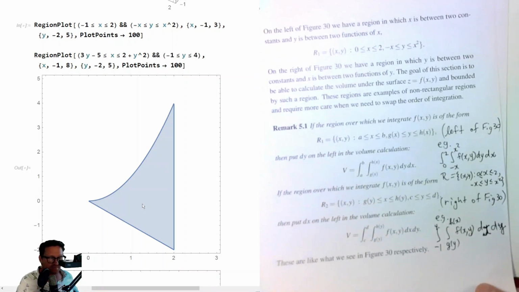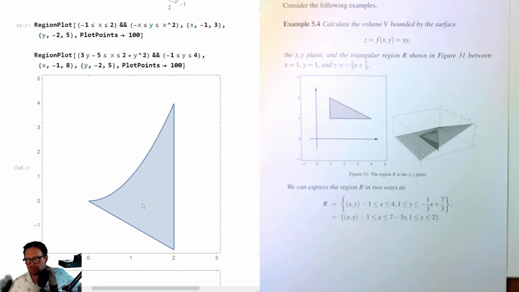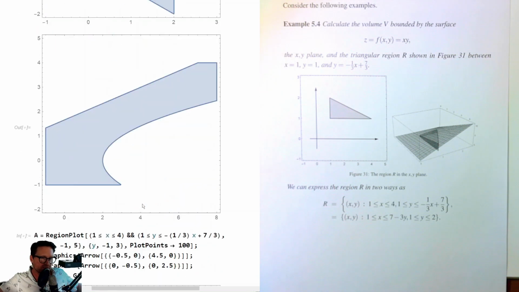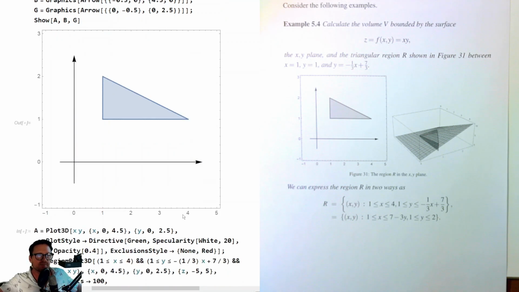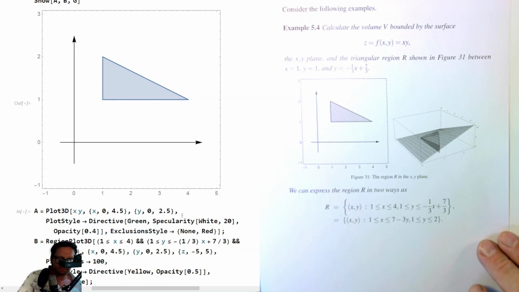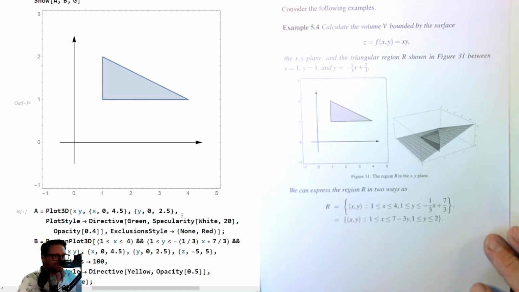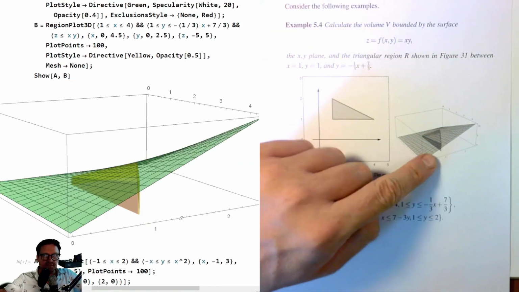Okay, let's move on to the next page where we're going to do an example, and it's a fairly simple example. So I wonder whether I have a picture of this down here. Let's have a look. Yes. So this is maybe a clearer picture of that triangular region. And then down below that, we've got this region here.